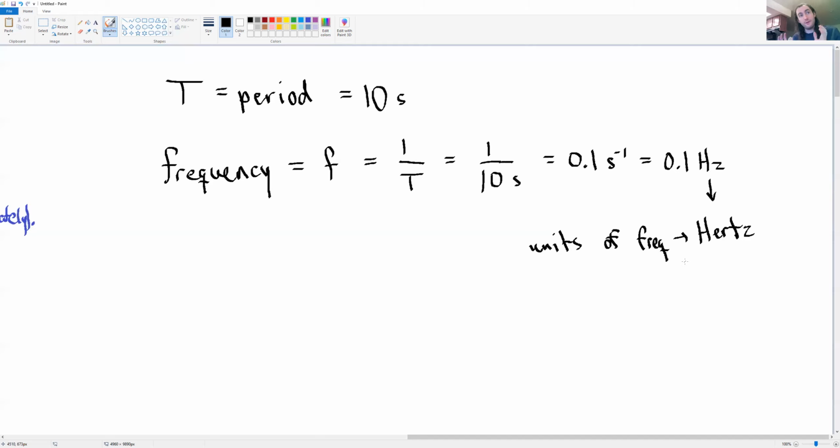But obviously the period of the Earth's orbit around the sun is 1 year, by definition. So you can have different units, but they're all units of time. It's the time that it takes for one repetition.